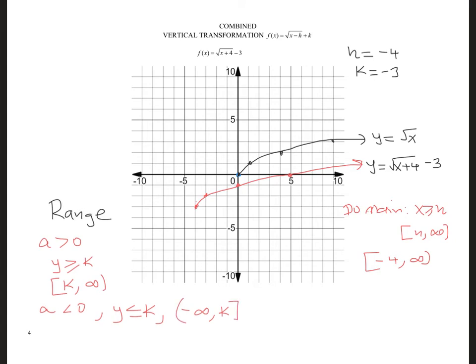And for this particular graph, the range is going to be from k. What's the k value? Because a is greater than 0, k is negative 3. So negative 3 to infinity.